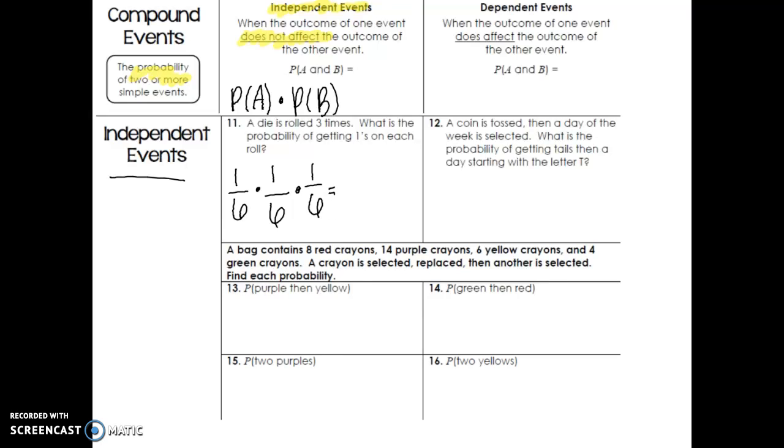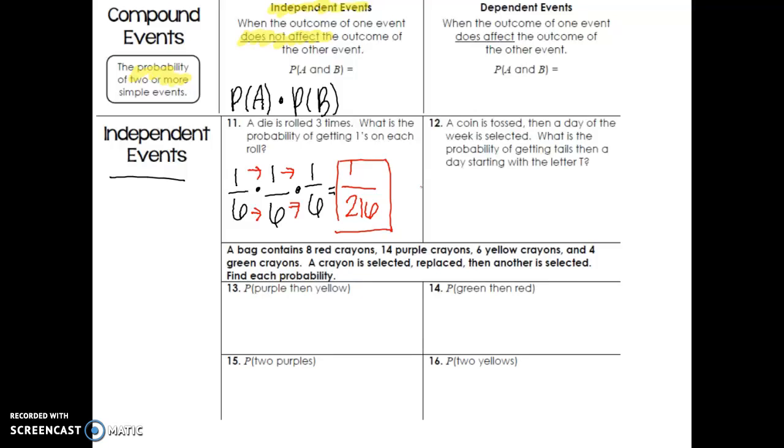And so when we do these, we line them up, and then we will be multiplying straight across. So 1 times 1 is 1, times 1 is still 1, over 6 times 6 is 36, times another 6 is 216. So our answer here is 1 out of 216.